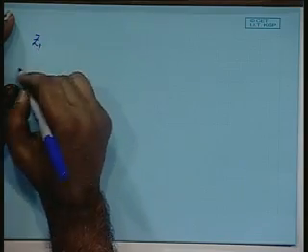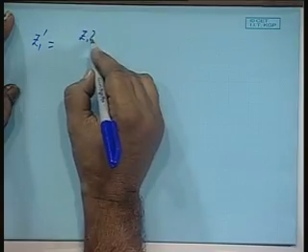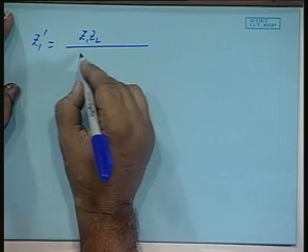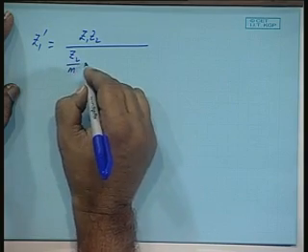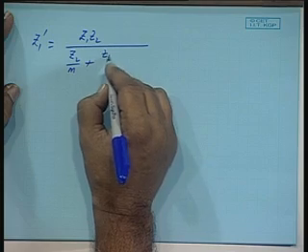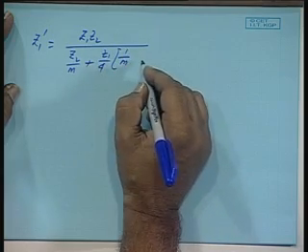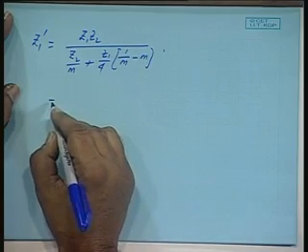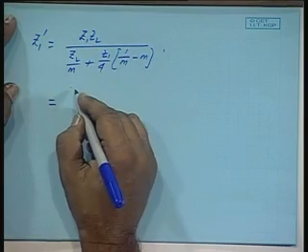From here, after simplification, we get Z1 Z2 divided by Z2 by m plus Z1 by 4 into 1 by m minus m, which after simplification gives me, I can multiply by m.